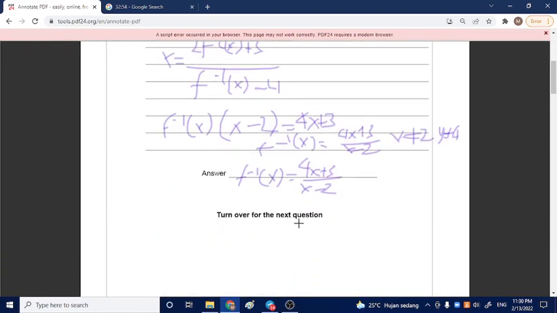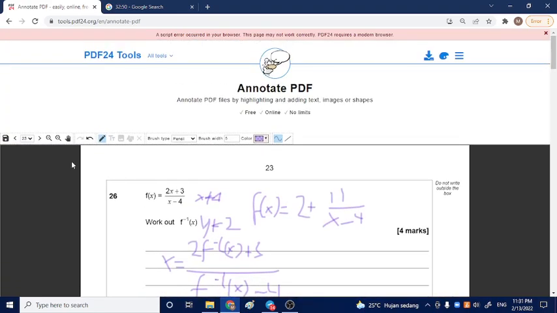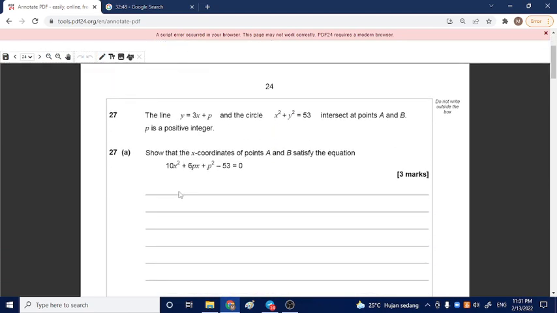Alright. It's kind of odd why they don't specify which domain, but yeah, doesn't matter. Circle, blah blah blah. We can substitute y equals 3x plus p into 2x squared plus y squared equals 53.